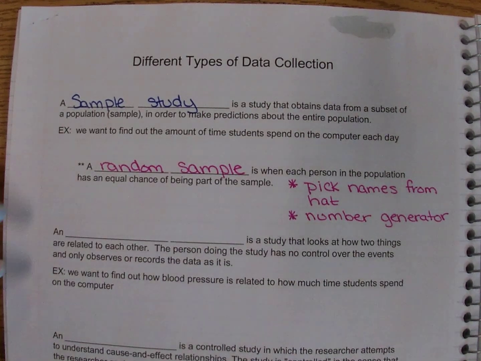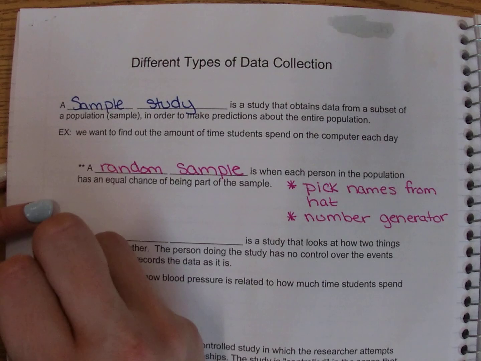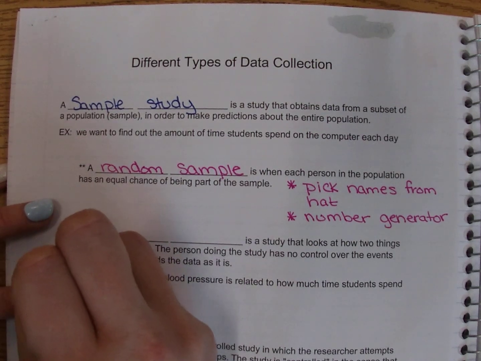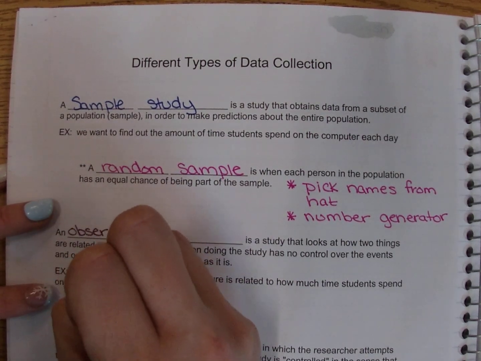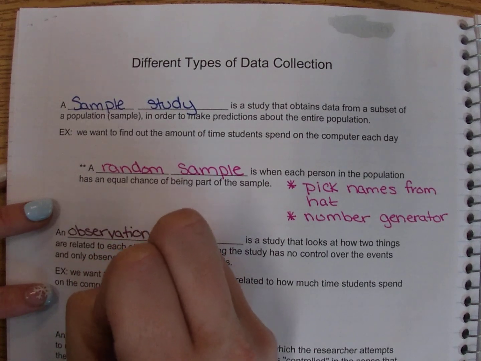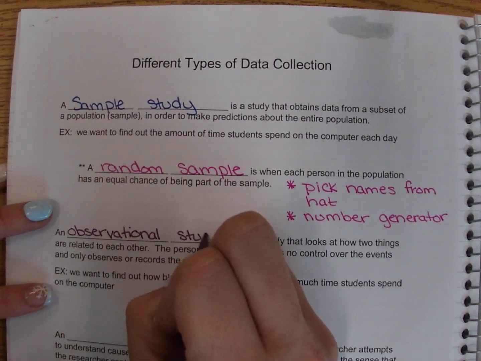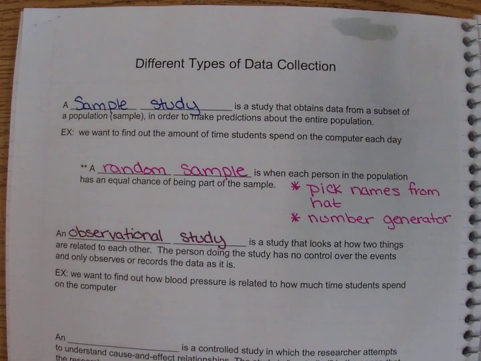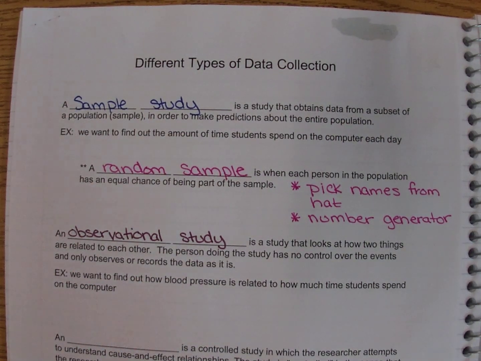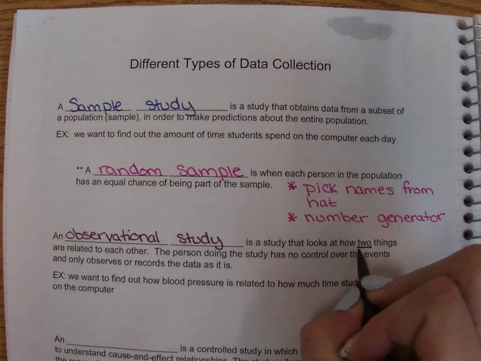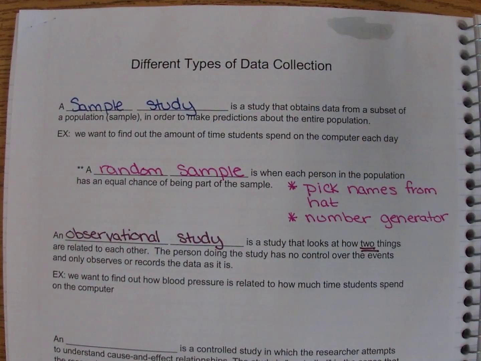The next type of study that we could look at is an observational study. An observational study is a study that looks at how two things are related to each other. So we'll have two things going on in this.